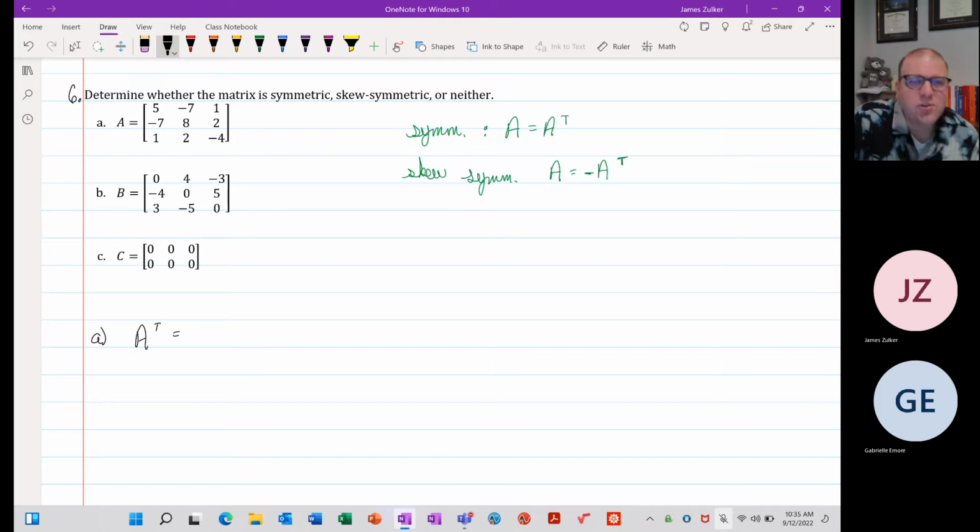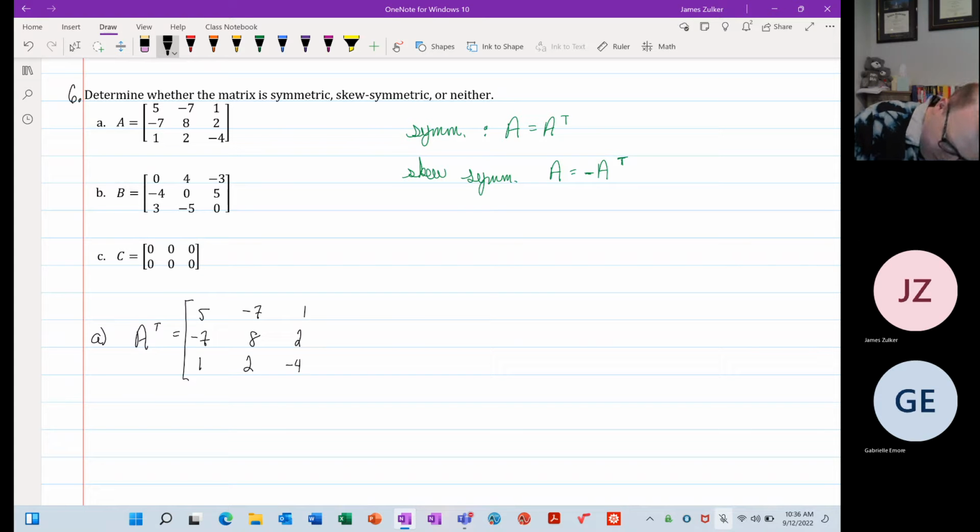So A transpose, remember, transpose, just flip rows and columns. So there's A transpose.